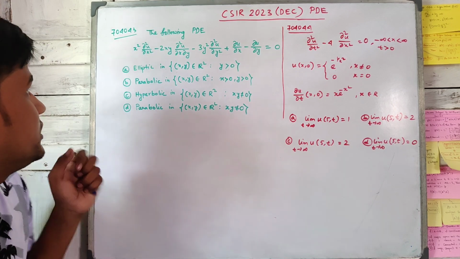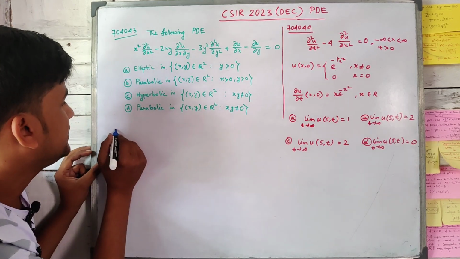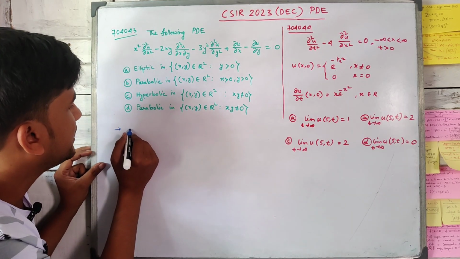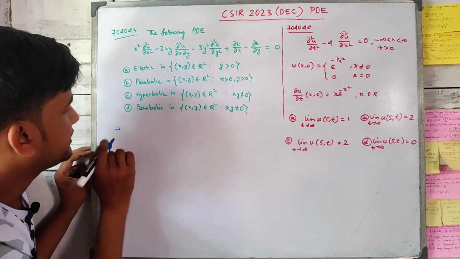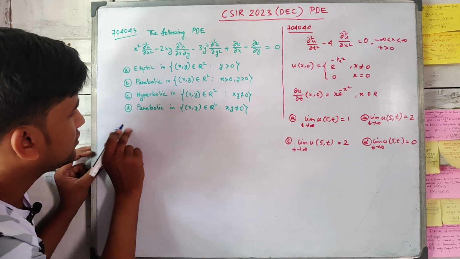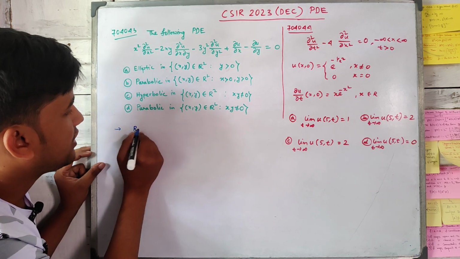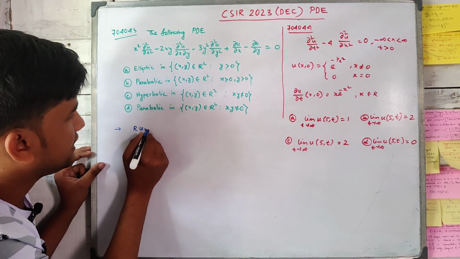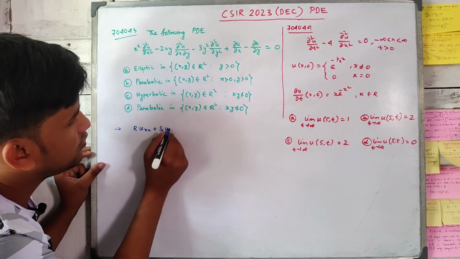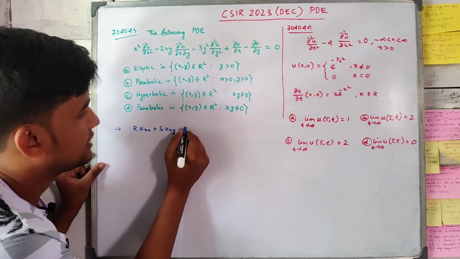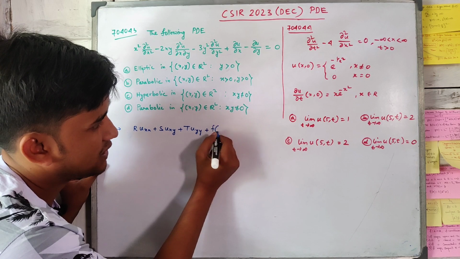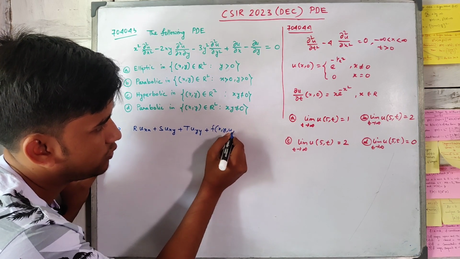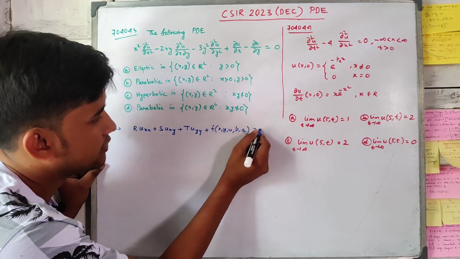If we write this equation in the standard form, then it is R u_xx plus S u_xy plus T u_yy plus a function of x, y, u, p, q, equal to 0.